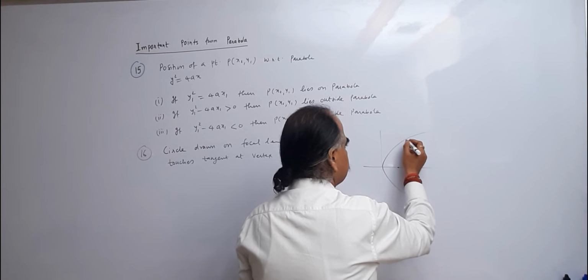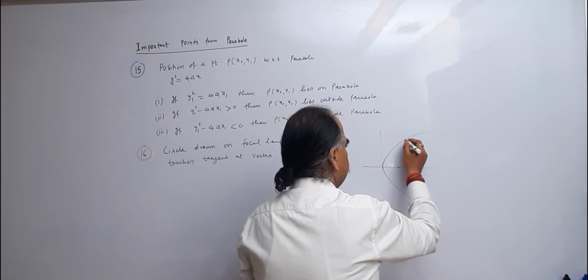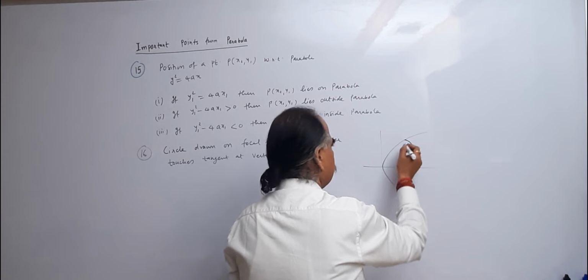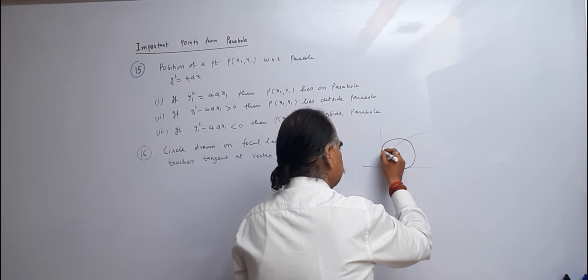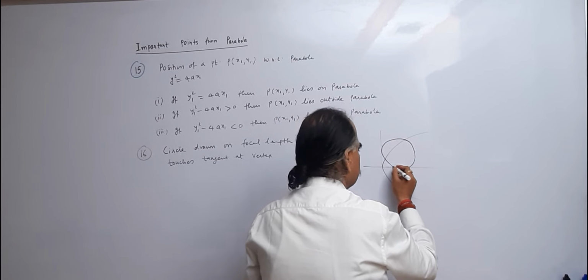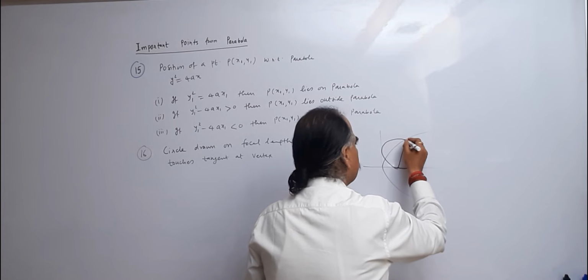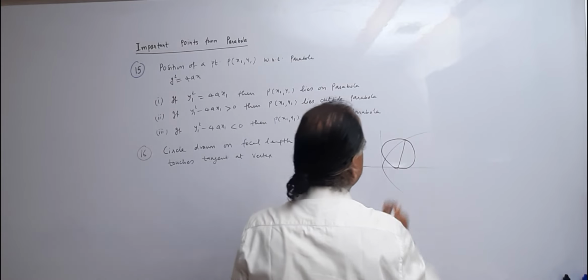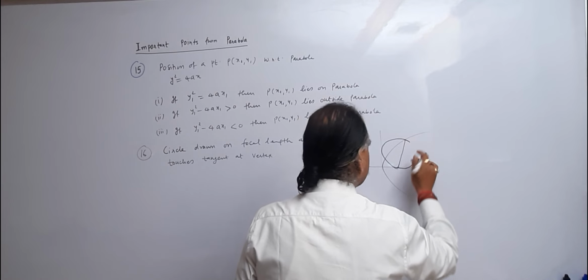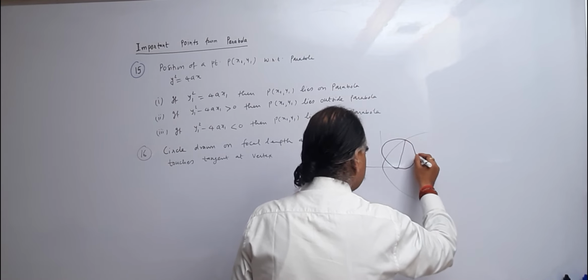This is the focus and this is, now this is taken as what? Diameter. This is the diameter of the circle.